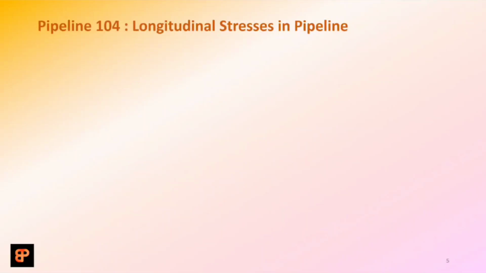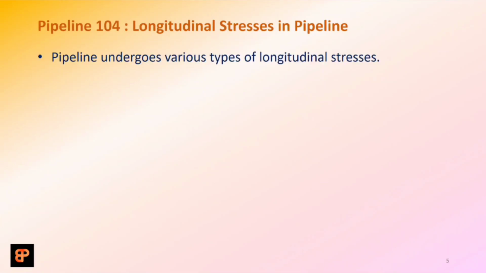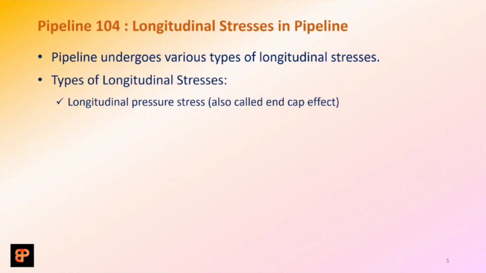Okay, let's move forward. Whenever a pipeline is installed, it undergoes various types of longitudinal stresses also. We just saw the hoop stresses, but now we have to see the longitudinal stresses. The formula is PD by 4T, hoop stress upon 2, but there can be different types of longitudinal stresses.